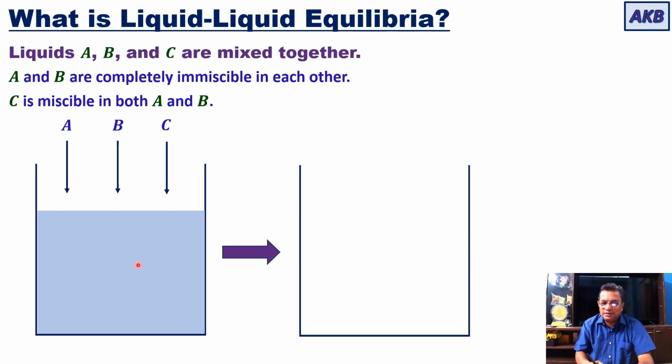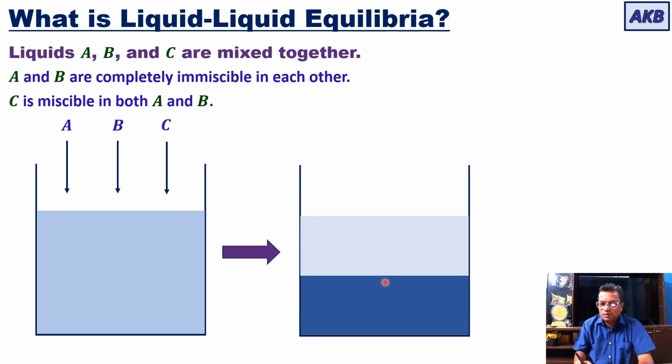So after some time, the mixture will separate into two layers. Why? Because A and B are completely immiscible in each other. So one layer will be of liquid A and the other will be of liquid B. Whereas solute C will be present in liquid A and it will also be present in liquid B.